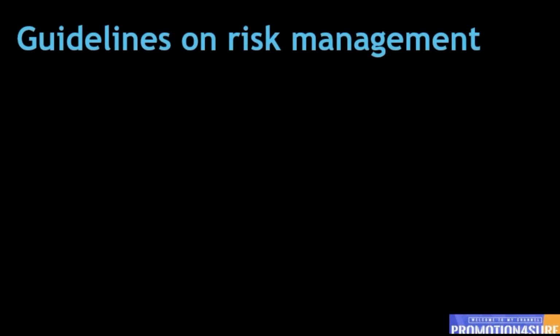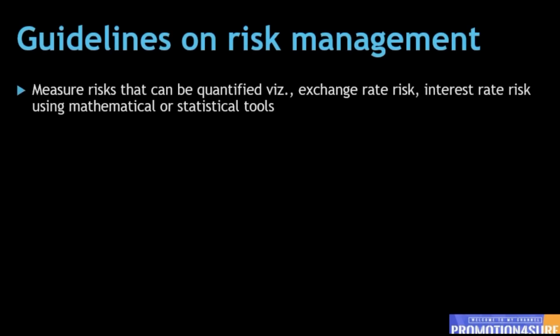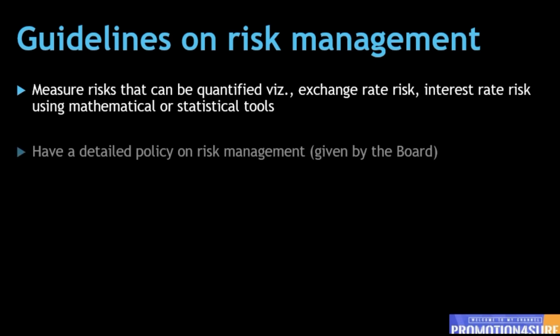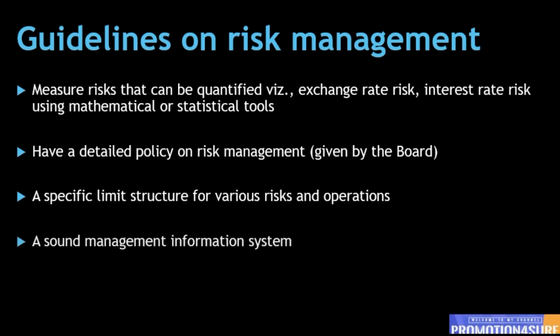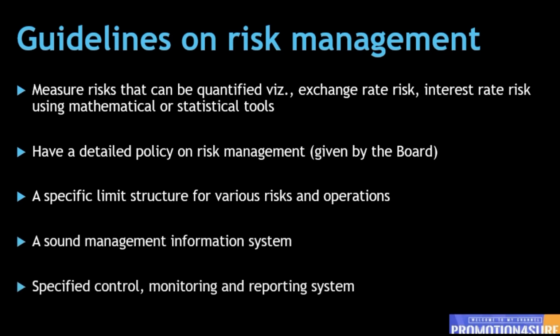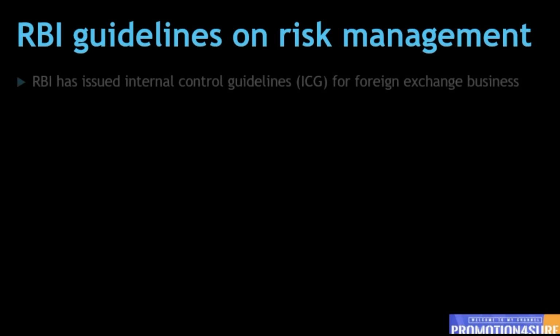Now, the guidelines on risk management: it measures the risk that can be quantified, such as exchange risk and interest rate risk, using mathematical or statistical tools. They have a detailed policy on risk management given by the board, a specific limit structure for various risks in operations, a sound management information system, and a specified control, monitoring and reporting system.